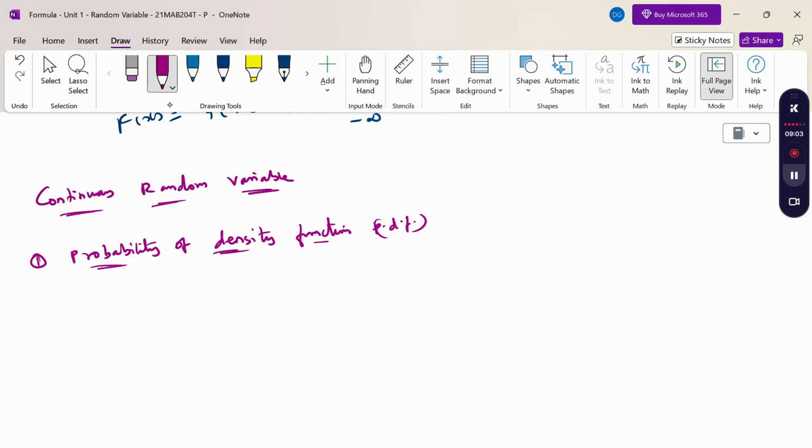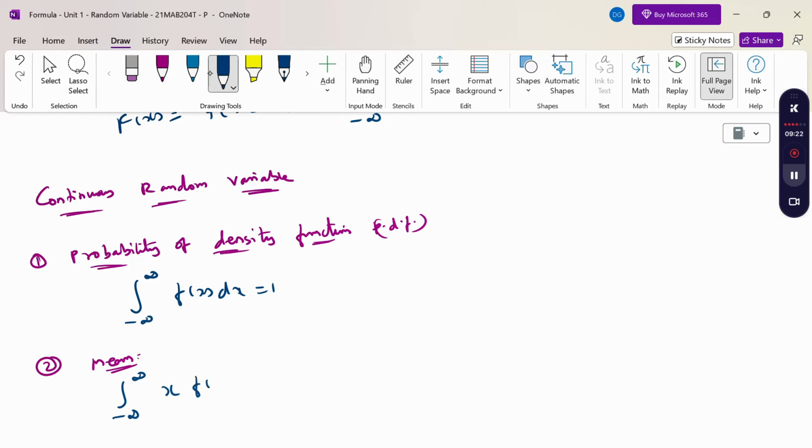Total probability from minus infinity to plus infinity of f of x dx is 1, and continuous means integration. So the mean of x is the integral from minus infinity to plus infinity of x into f of x dx. This is the mean, the expectation of x, E of x.